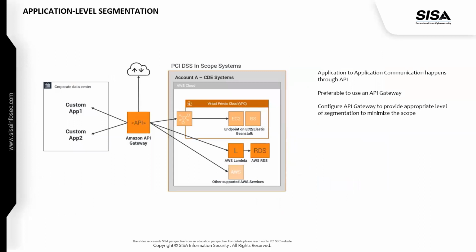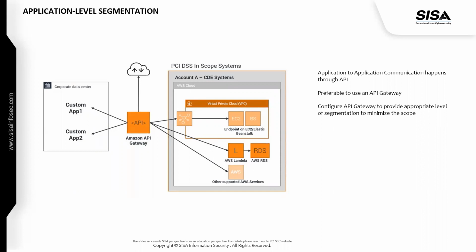Then application level segmentation is another very important feature, because here we are not talking about layer 3 and layer 4. We are talking about layer 7. This is where applications need to communicate with other applications. And how does it happen? It happens through APIs, application programming interfaces. And in cloud, most of the communication happens through APIs.